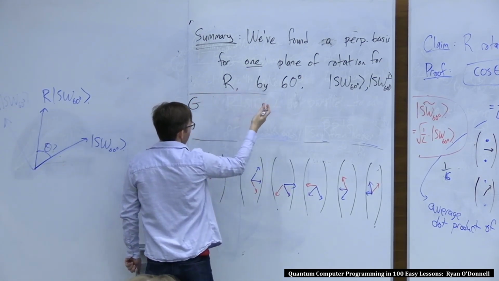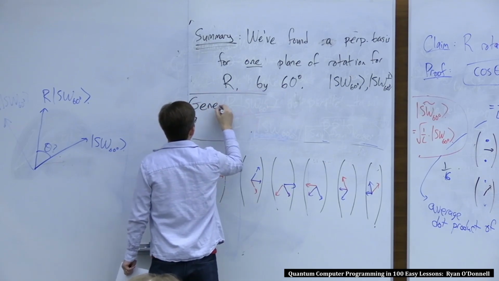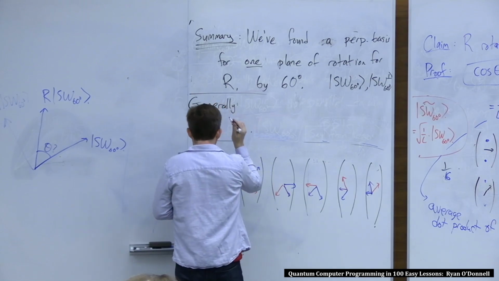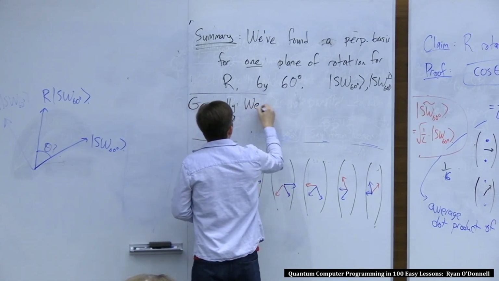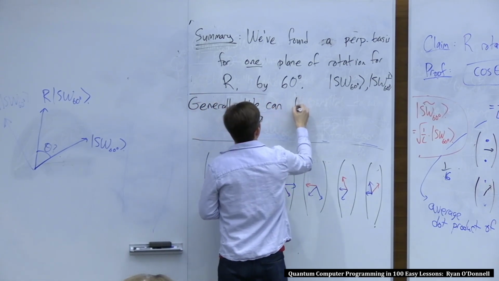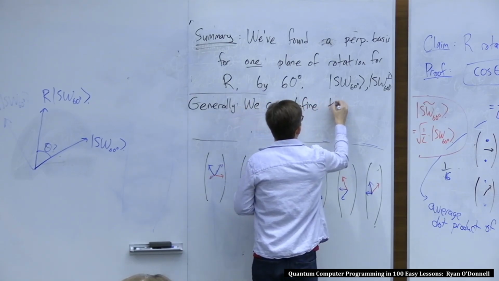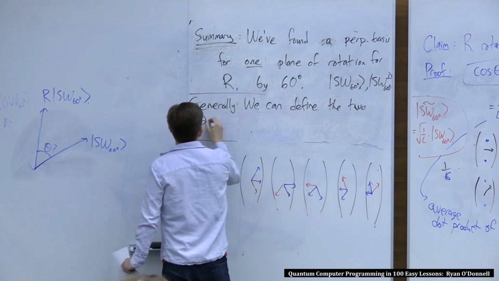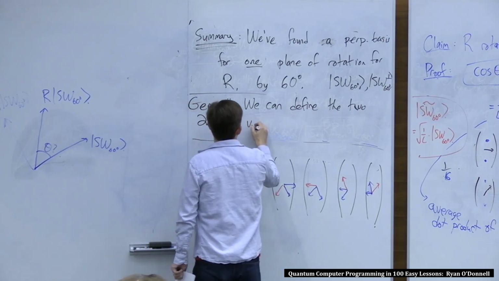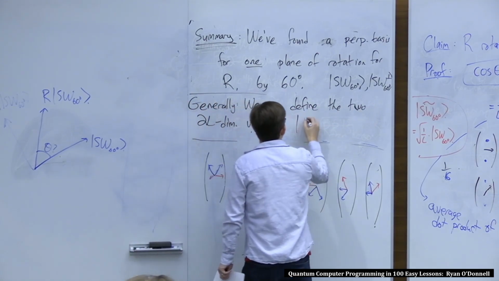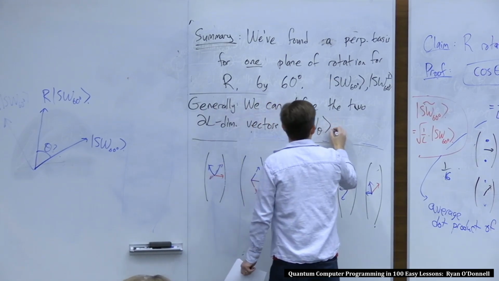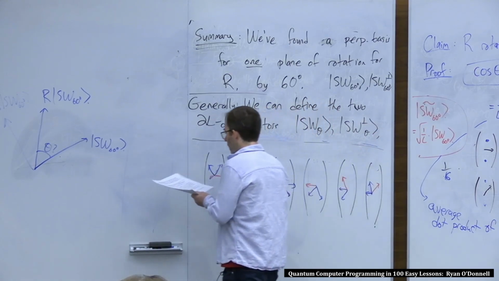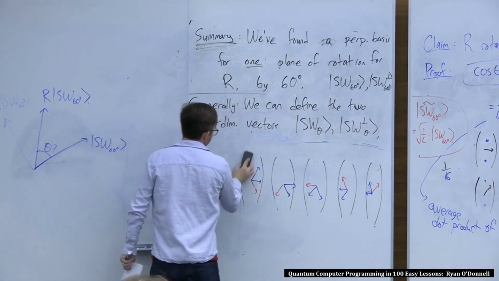And let me just say, okay, we did it with 60 degrees just to make it a little bit more concrete, but generally, for general L, you can define the two 2L dimensional vectors, like steering wheel sub theta and steering wheel perp sub theta, for theta being a 1 over L fraction of the circle.